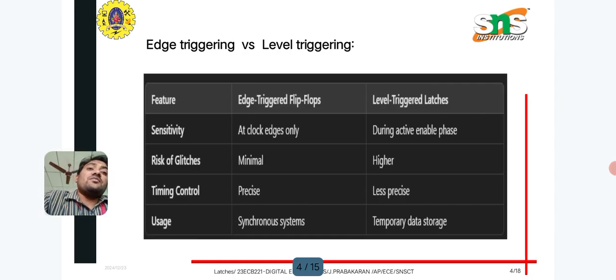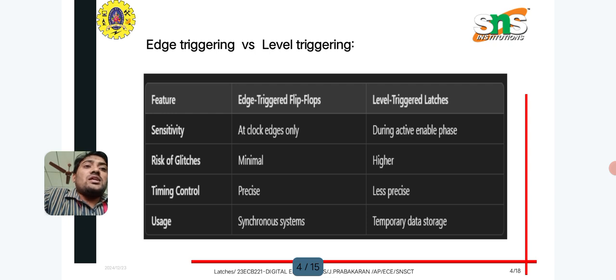Next, edge triggering versus level triggering. Sensitivity: edge triggered flip-flops respond at the clock edge only, whereas level triggered, that means latches, respond during the active enable phase. Next is risk of glitches. In edge triggering it is very minimal, whereas in level triggering it is higher.